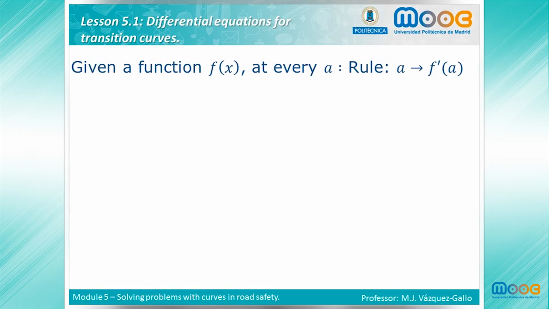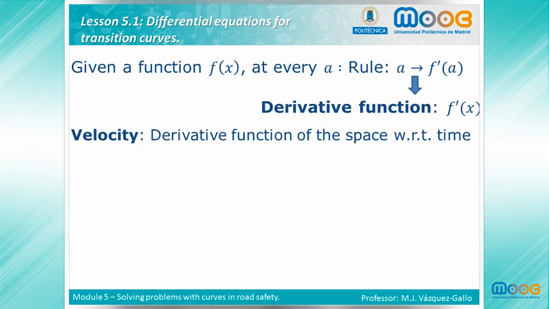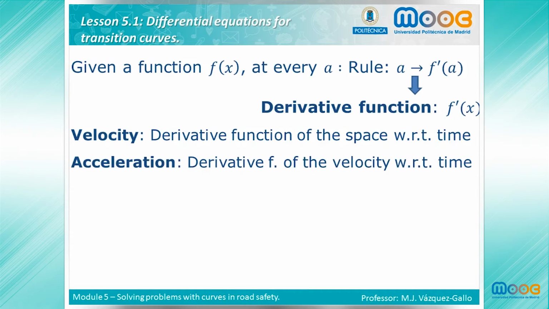Now, given some function f of x, the rule assigning to each number a the derivative of f at a defines a new function called the derivative function of f. So the velocity is the derivative of the function space with respect to time, and the acceleration is the derivative of the function velocity with respect to time.